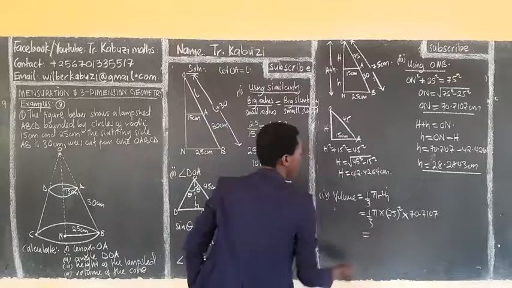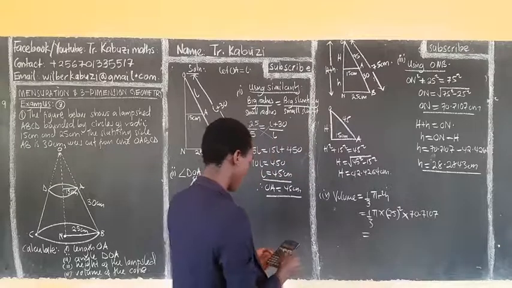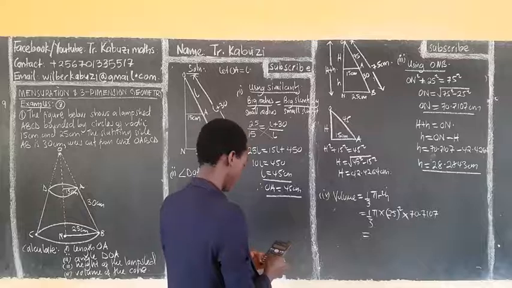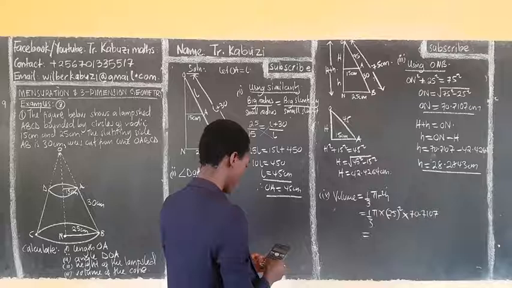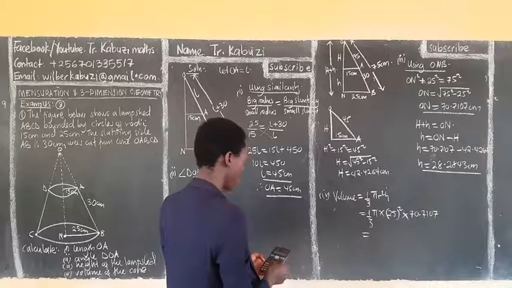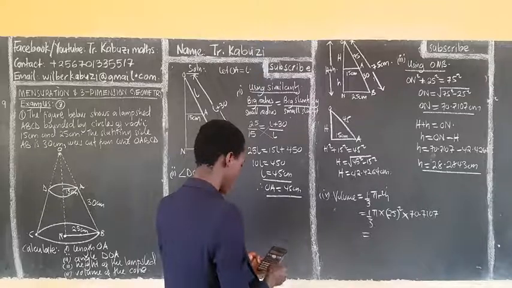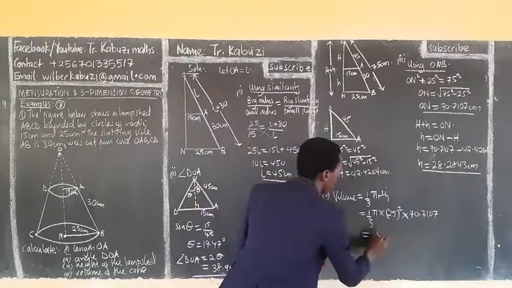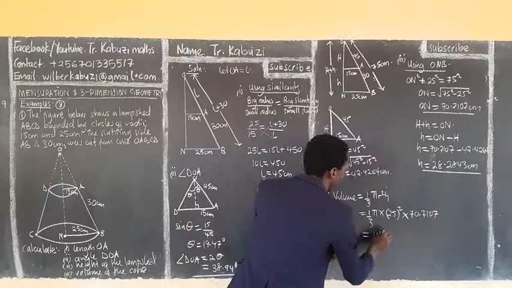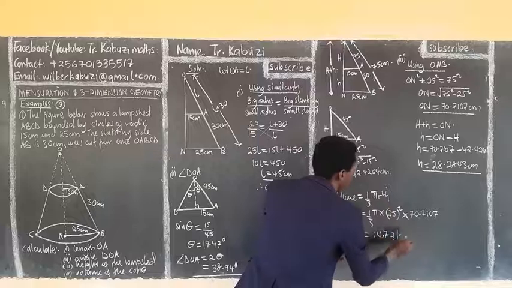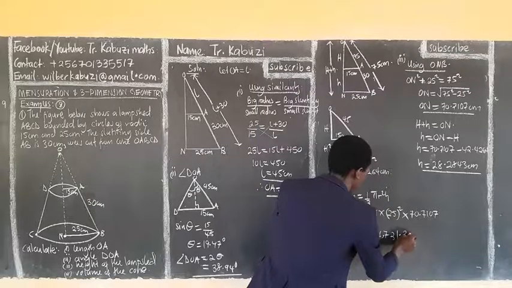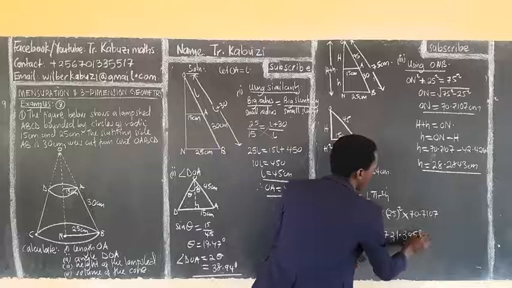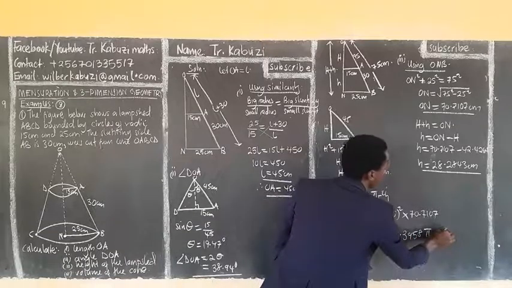And now this is going to give you, here I'm getting 14,731.39585, and this is cubic centimeters.